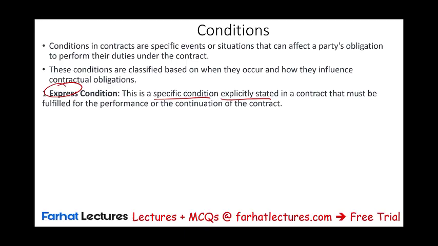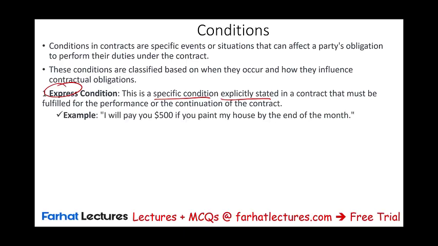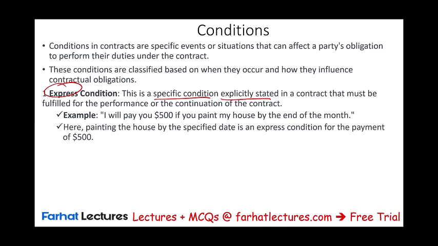For example, I will pay you $500 if you paint my house by the end of the month. That's the express condition. You perform. Basically, this is a unilateral contract. I will pay you if you perform, so you have to perform. Here, painting the house by a specified date is an express condition for the payment.